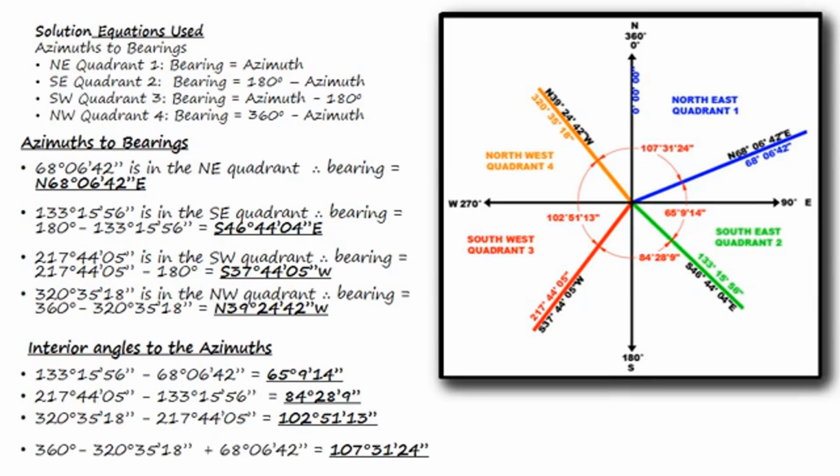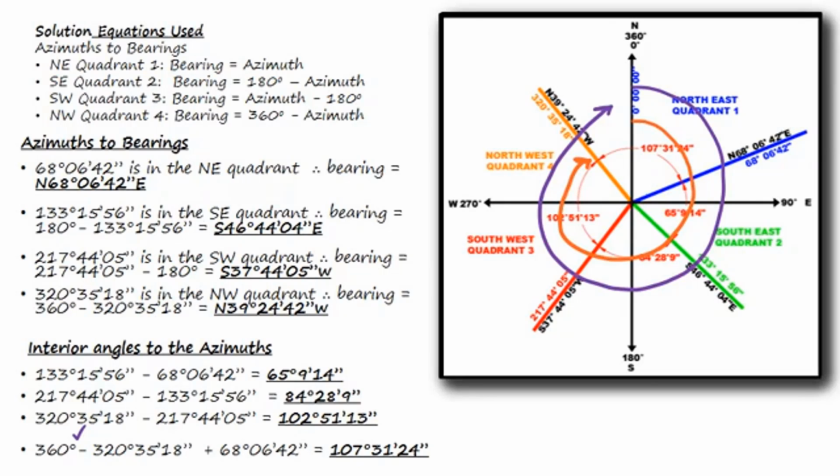And lastly, this is the only one that's a little bit different. Remember, full circle is 360 degrees. And we know that from 0 all the way to here is 320.